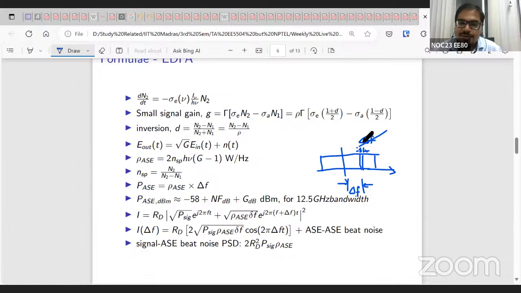But to differentiate this from the detuning, we can use some other expression.